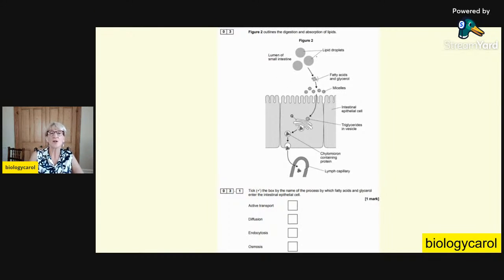We have got this diagram here, which is showing the lumen, the hole in the middle of the small intestine, with lipid droplets in it, which are then seemingly broken down into fatty acids and glycerol.